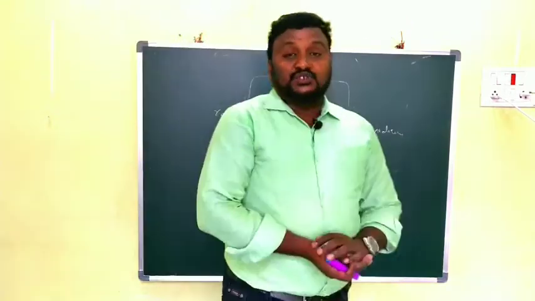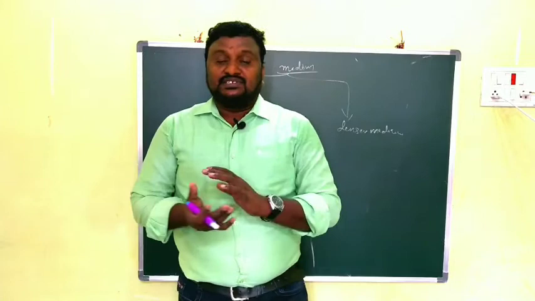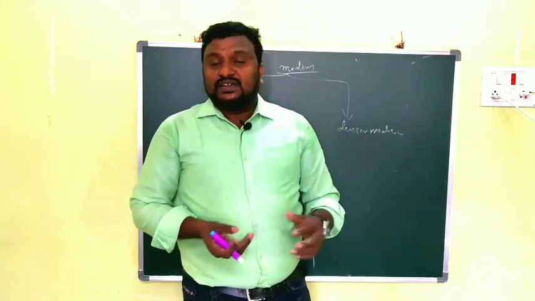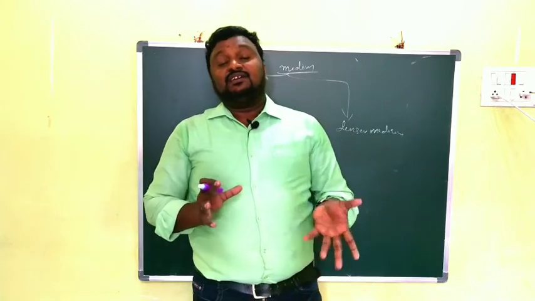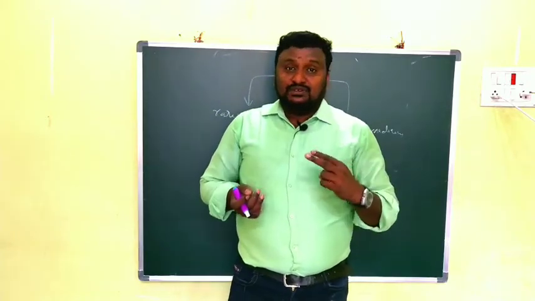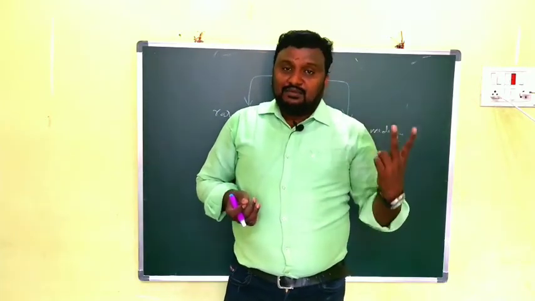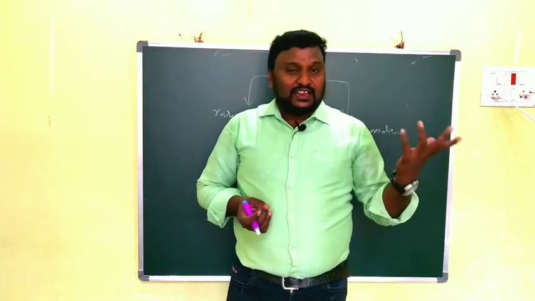Light passes through so many substances, which is why they are also called mediums. When we consider the medium, it is classified into two types: rarer medium and denser medium.